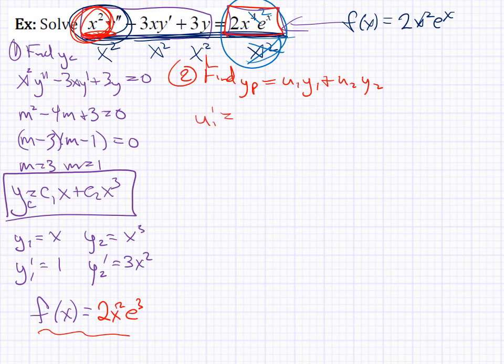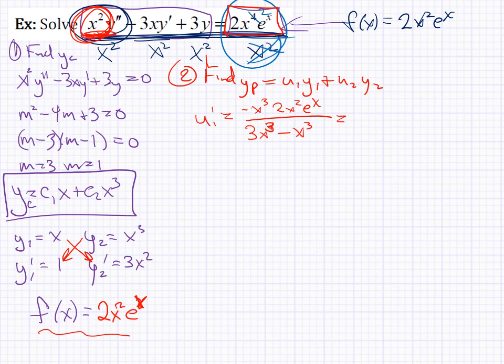So u1 prime would be minus y2 f of x, this is an x, e to the x, over this times this minus this times this. So that'll be 3x to the fourth, or sorry, 3x to the third minus x to the third.